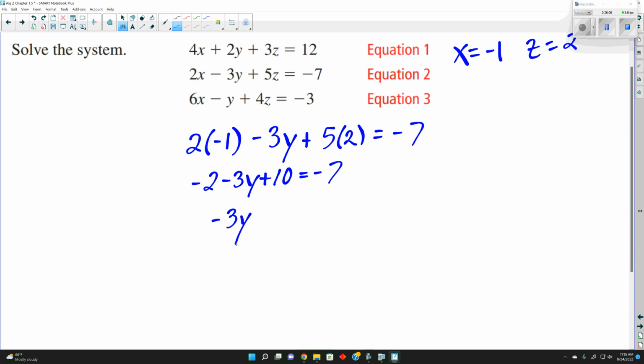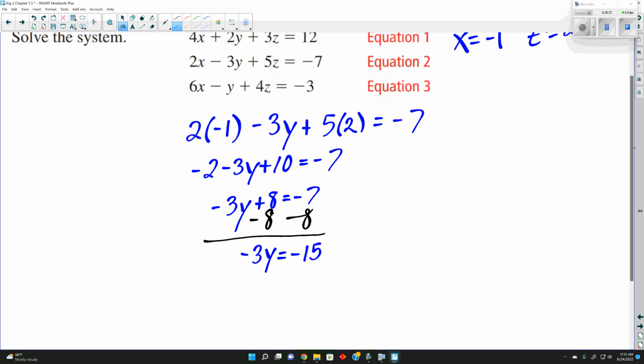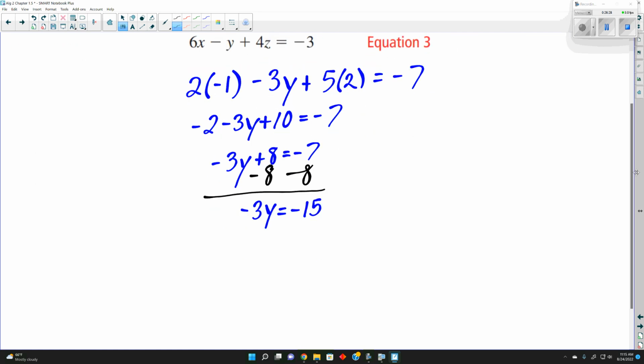-3y. Well, -2 plus 10 is 8, which will tell us that -3y is equal to -15, so y is 5.